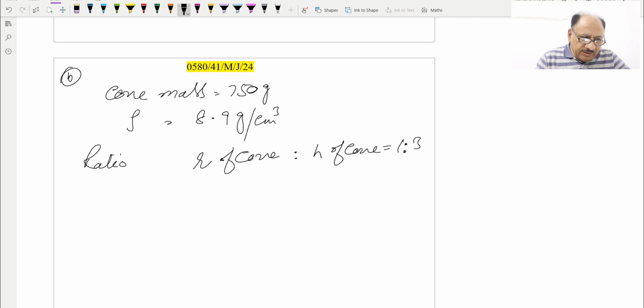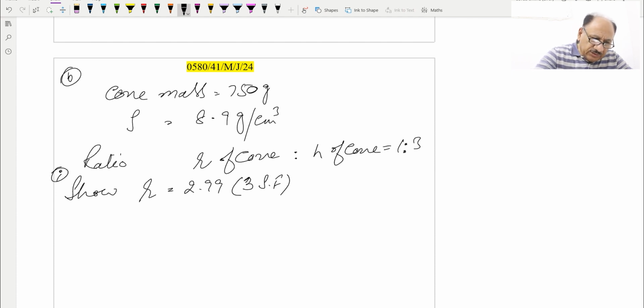Show that the radius of the cone is equal to 2.99, correct to 3 significant figures. This is what we need to show. And density we know is equal to mass over volume, mass per unit volume.